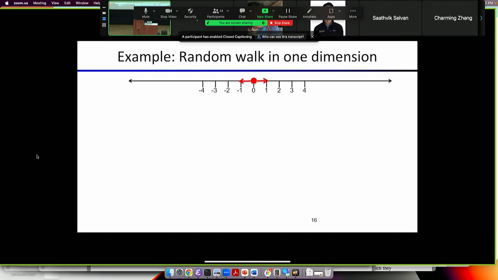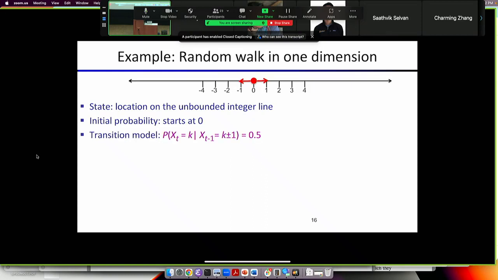And so that's also slightly different here. We've got infinitely many possible values for the state variable, but that's fine. Typically, we'll start at 0, so the prior probability puts all the probability at 0. The transition model just says, well, if you're at k, you can go to k plus or minus 1 with probability 0.5. So you can only go to an adjacent state, and you're equally likely to go to either adjacent state. Okay?